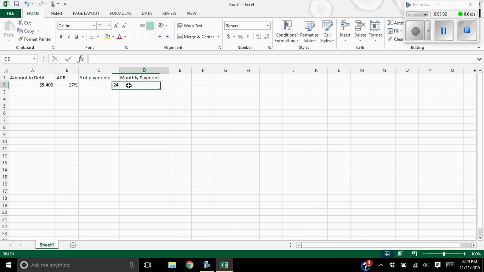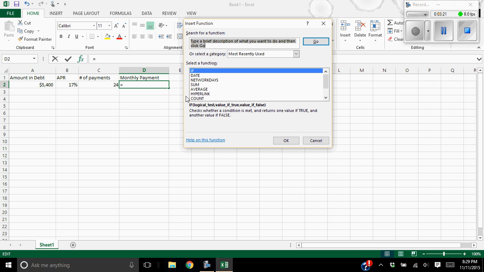Now, how much are you going to have to pay per month with this amount of money and this interest growing on it on a regular monthly basis? This is the idea that we're working with. So we're going to go to insert function, our f of x, and we're looking for what's called a monthly payment.